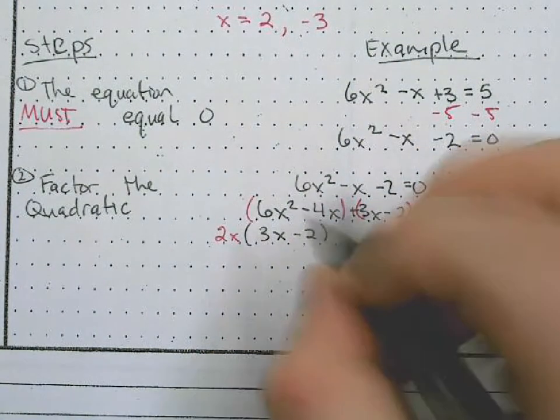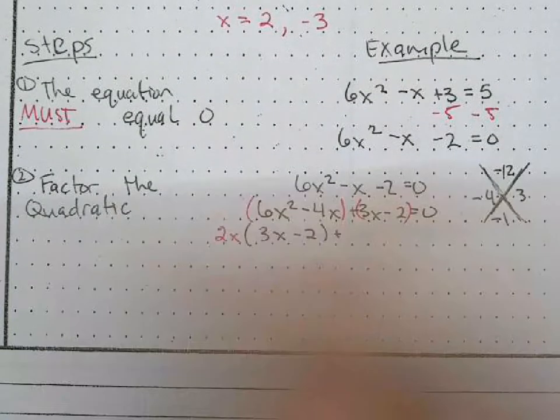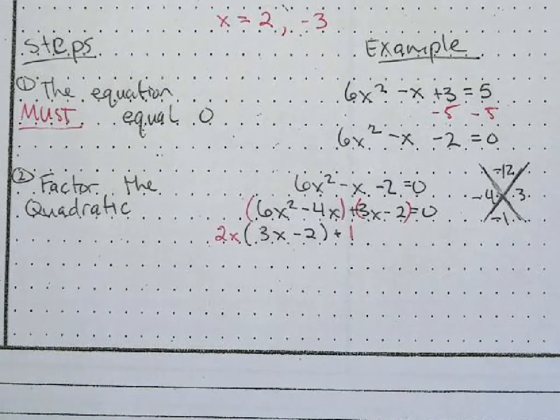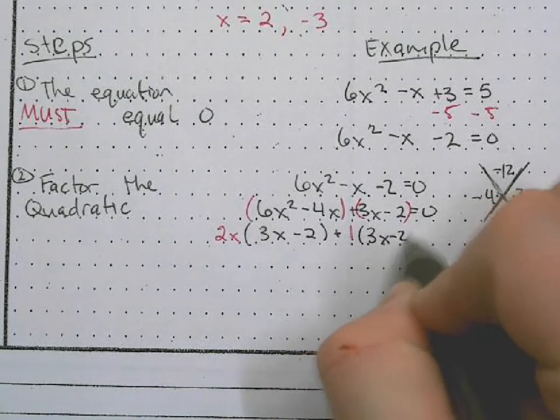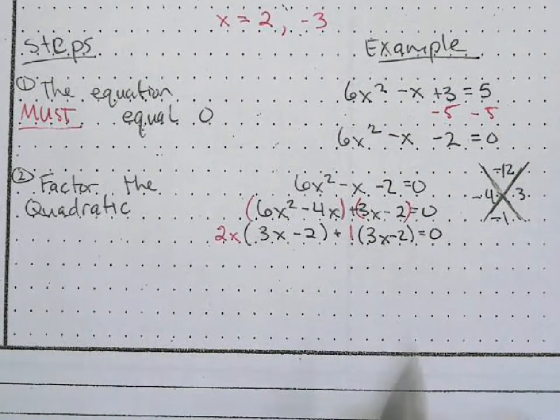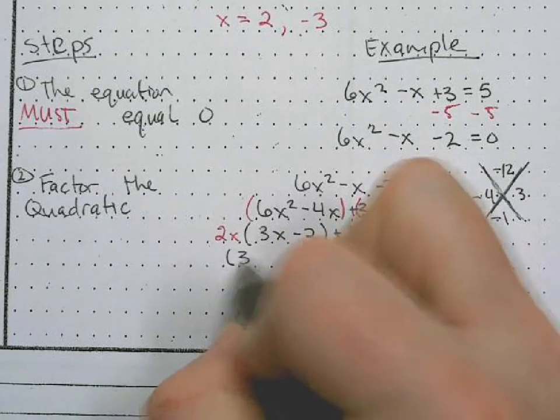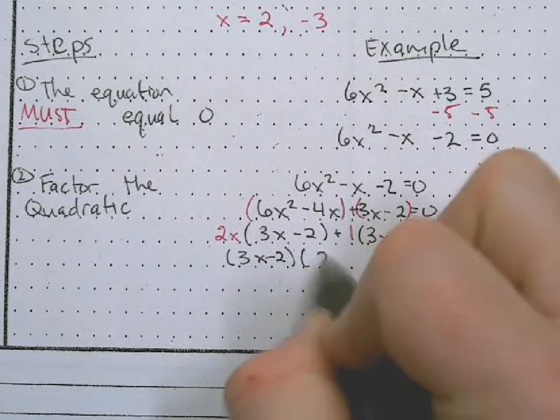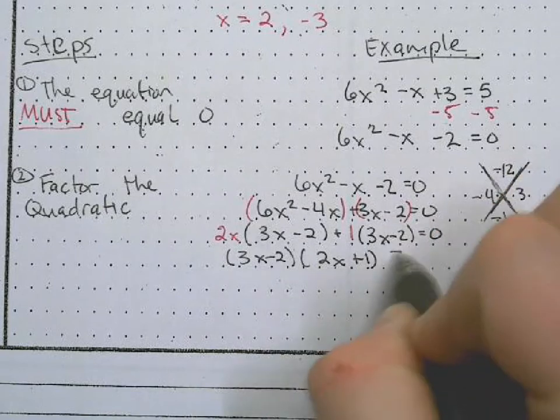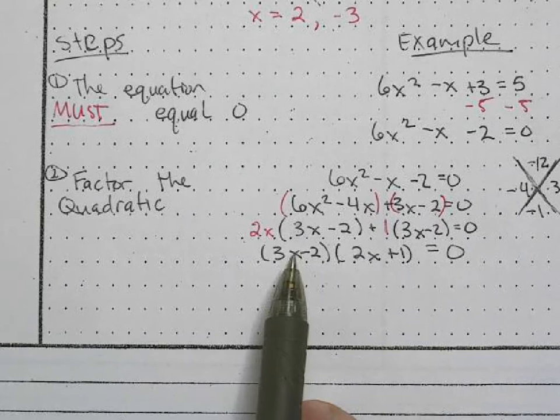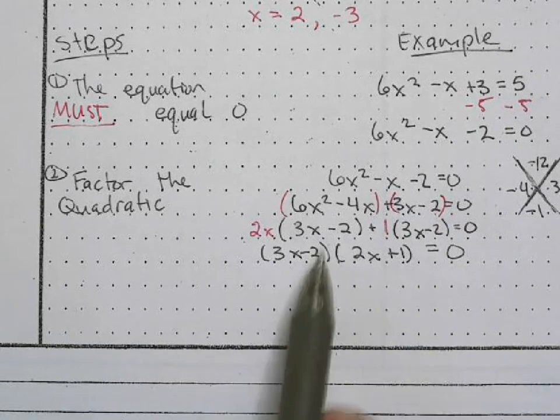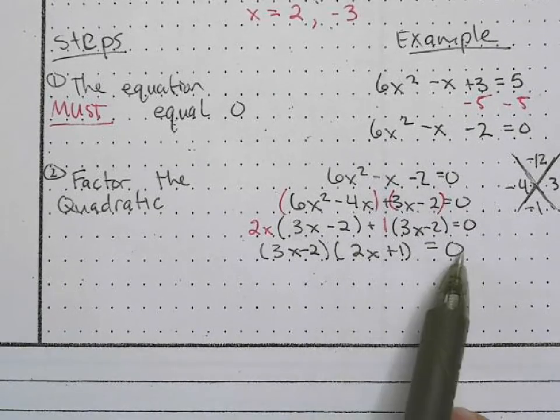And then I can factor out a 1 out of my second group, because I don't want this 3x minus 2 to change, so I factor out that 1. Then I bring everything together, and I have 3x minus 2 times 2x plus 1 equals 0. So now we have our factors, our A times our B equals 0.